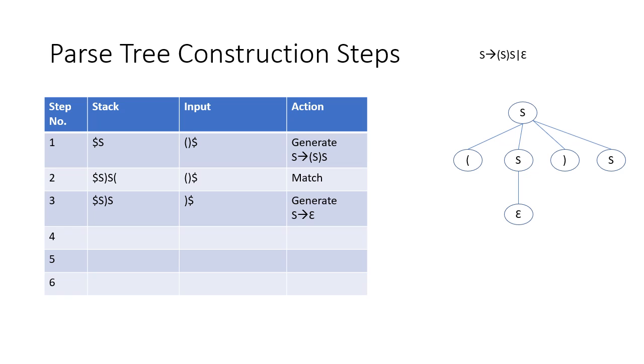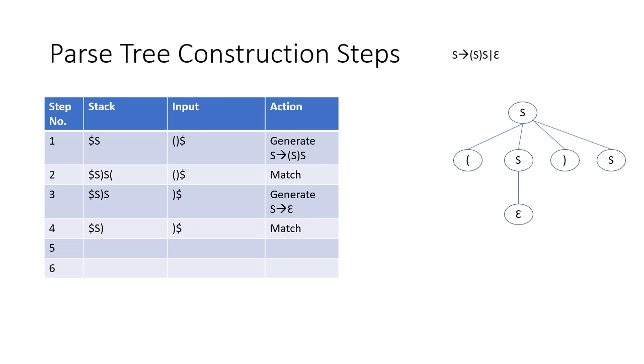Next step, I have replaced this parenthesis. For the parenthesis, no node is required. So here I have S, and S is replaced by epsilon, so this production we have used. For the next one, it remains the same because it's a match.